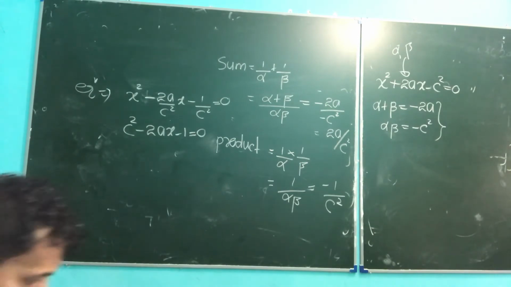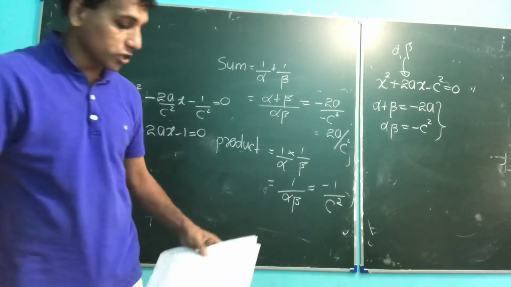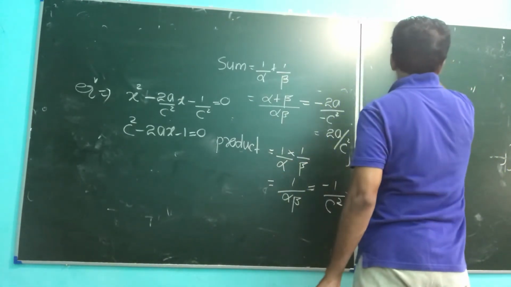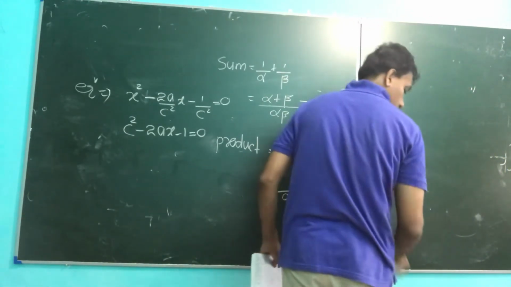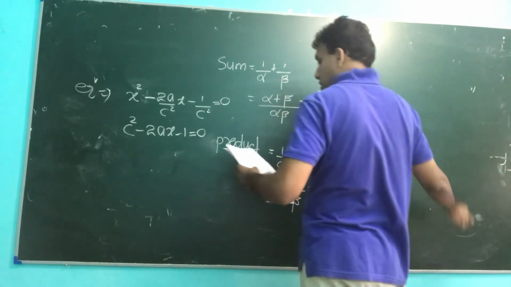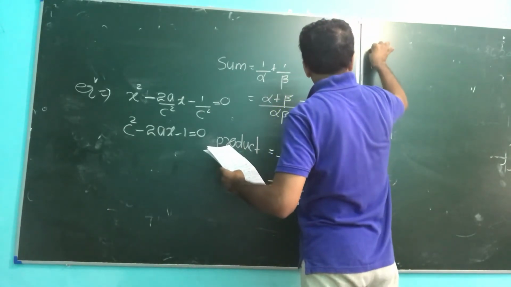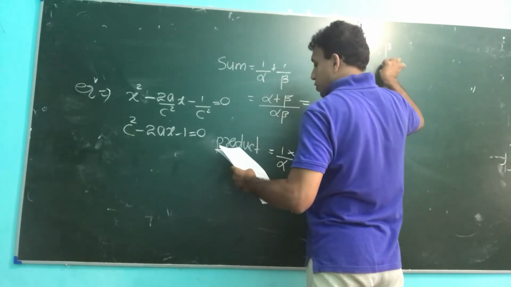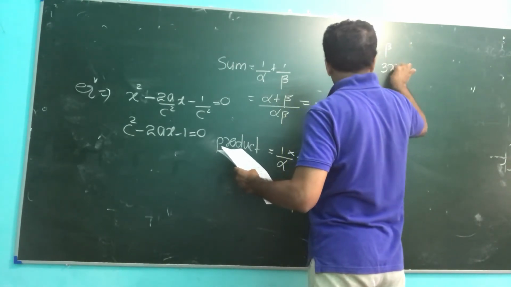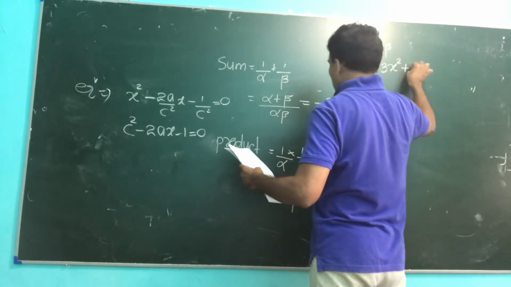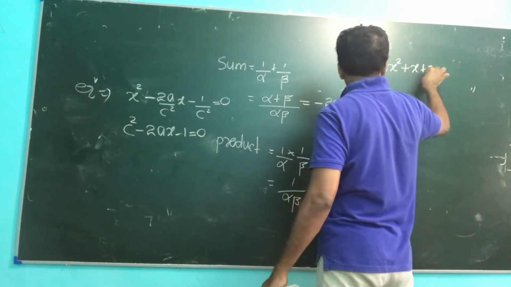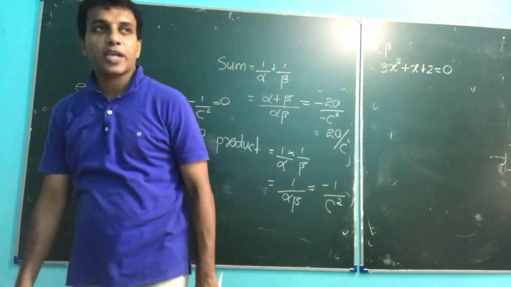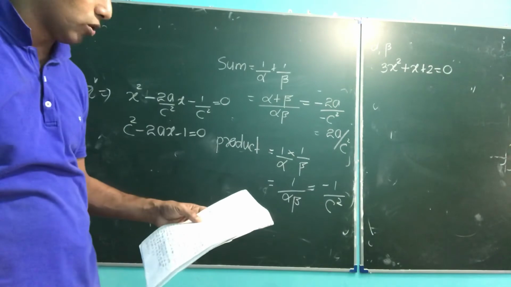There are three parts. Question number 14. Given that alpha and beta are the roots of 3x squared plus 1x plus 2 equals 0.